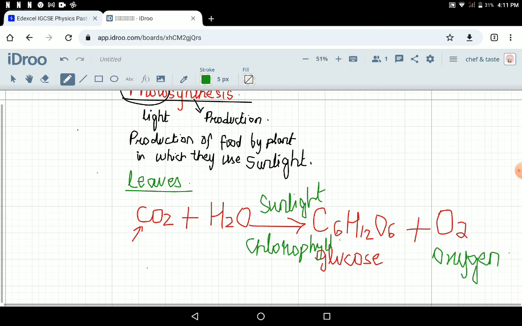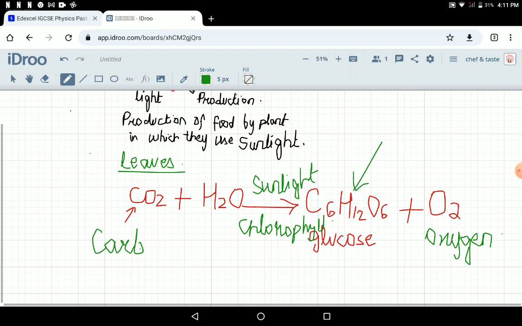Glucose is a carbohydrate, so it needs three things: carbon, hydrogen, and oxygen. Carbon is extracted from the carbon dioxide which enters the leaves through stomata. We will discuss what stomata are. Stomata are small pores or openings found in the epidermis of the leaves.